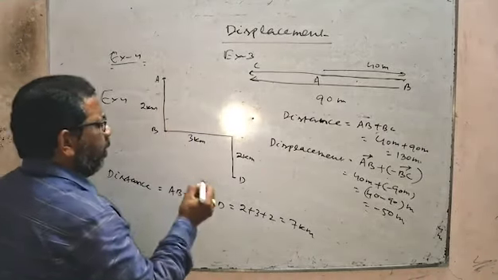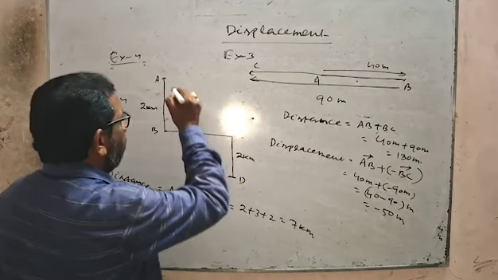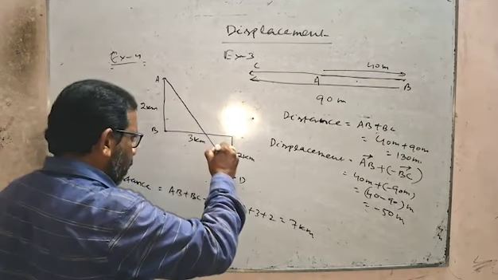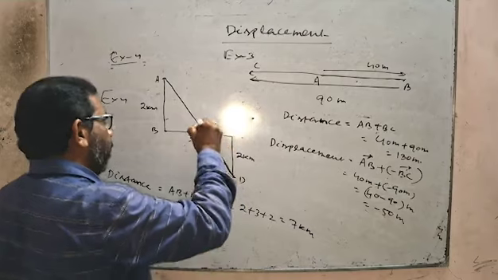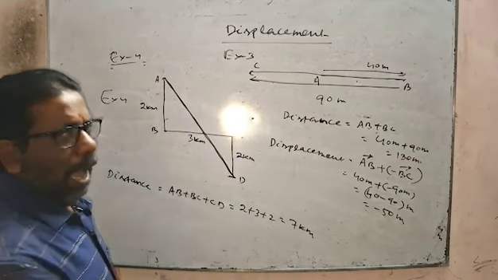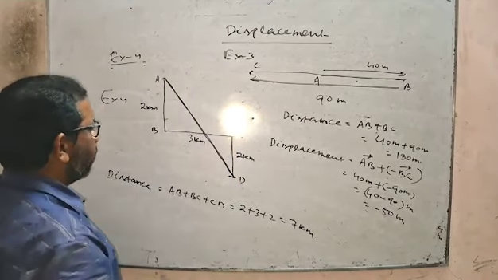What is displacement? Initial position is A, final position D. We have to find out the length of AD. How can we find this AD distance?